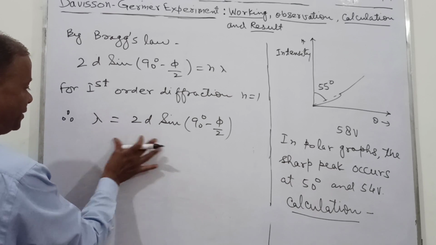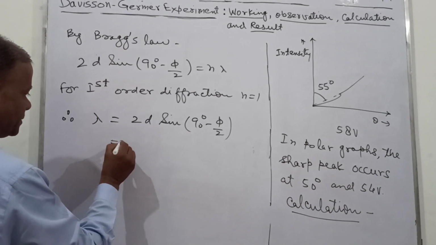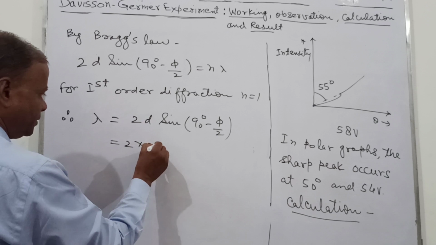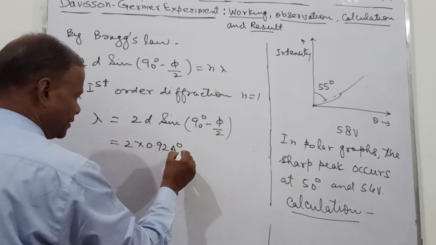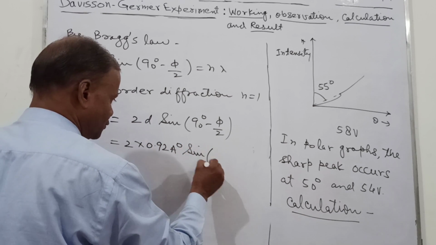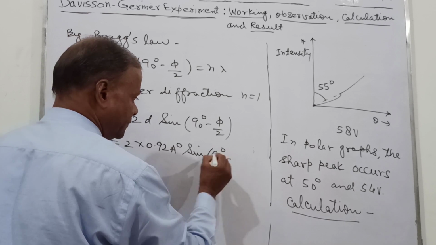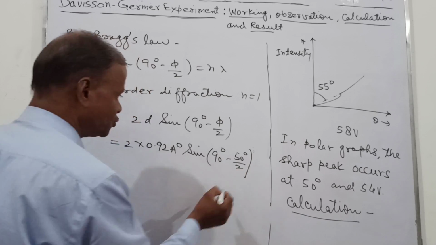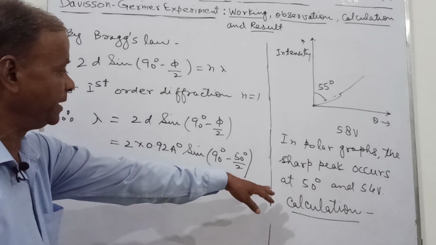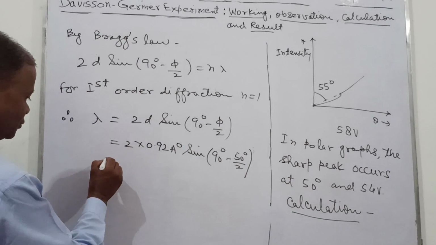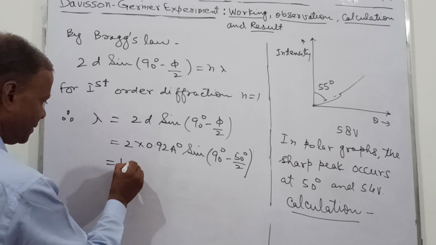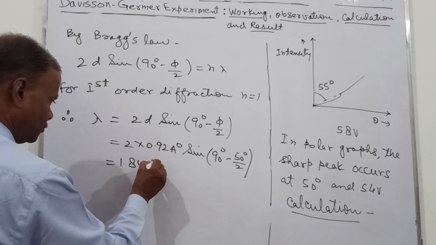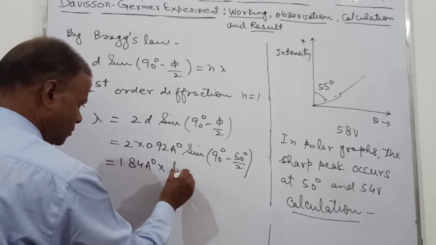Now the value of d is 0.92 angstrom, so λ = 2 × 0.92 angstrom × sin((90° − 50°)/2), where φ is given as 50 degrees. This is 1.84 angstrom × sin 65 degrees.